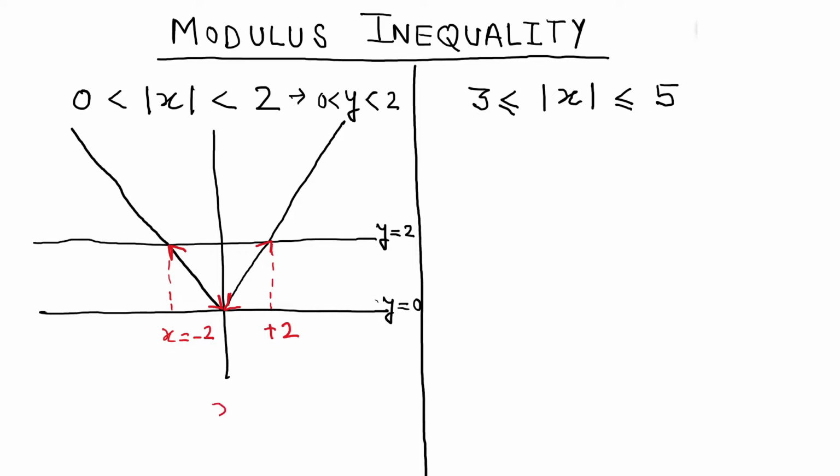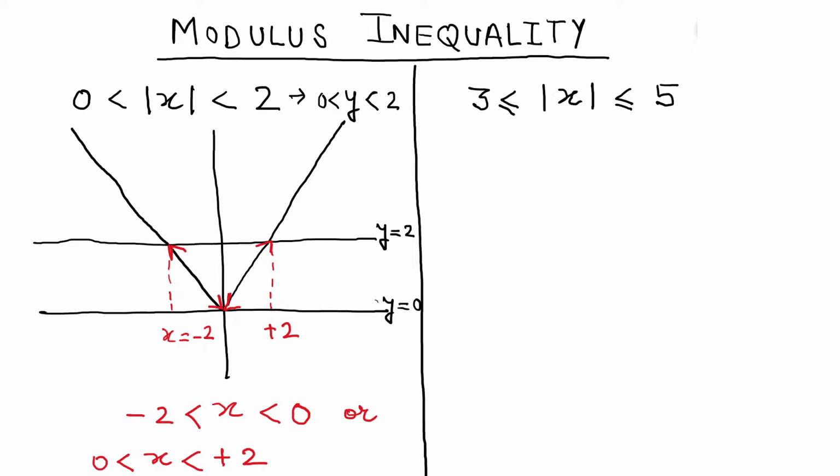So eventually when you solve this, you get the answer as x is greater than minus 2 and less than 0, or x is greater than 0 and less than plus 2.